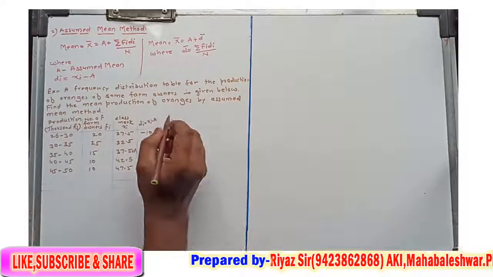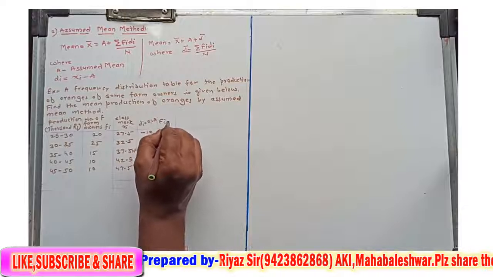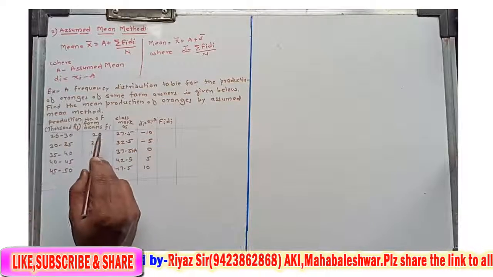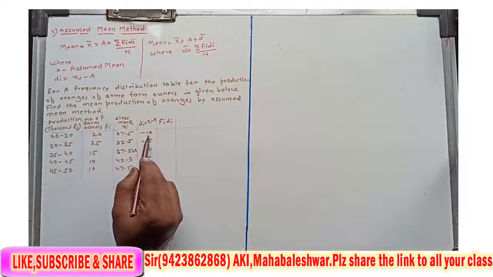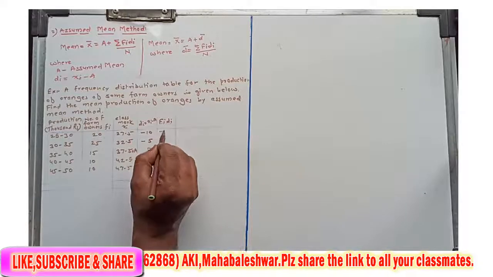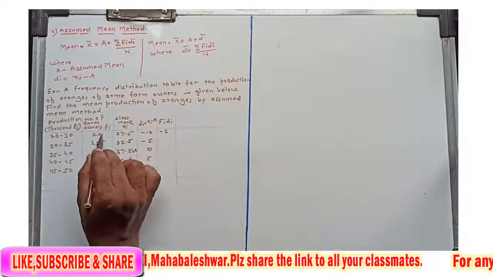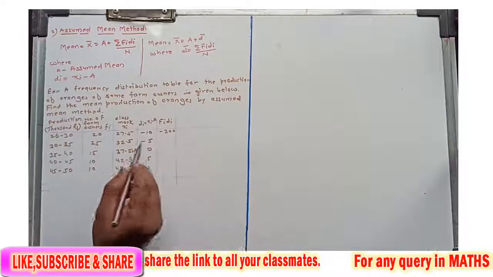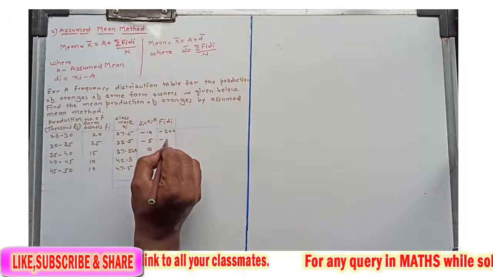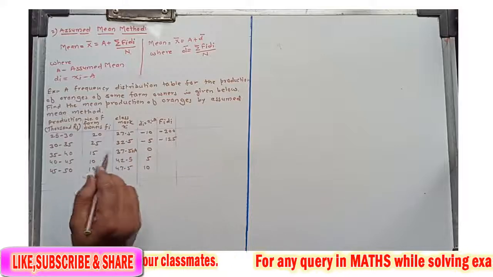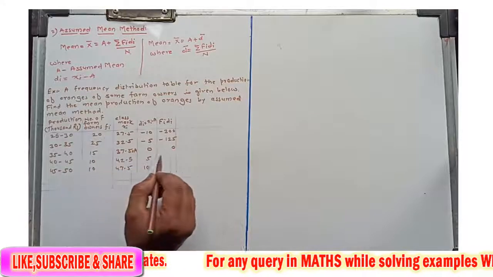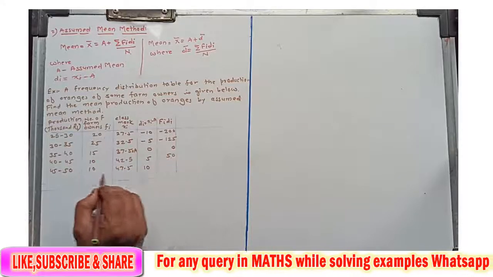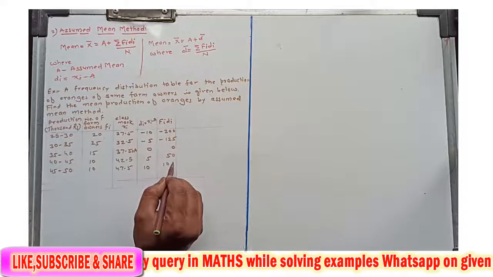Now after that, find fi into di, find this multiplication. So here fi value is 20 into minus 10, you will get minus 200, total number of zeros are 2. So 25 5s are 125. 15 zeros are 0, 10 5s are 50 and here 10 10s are 100.